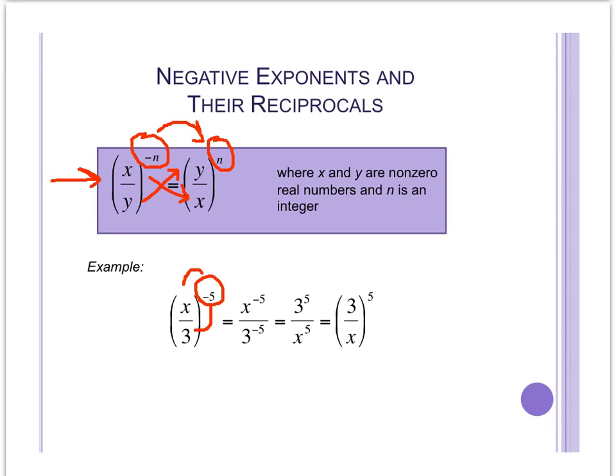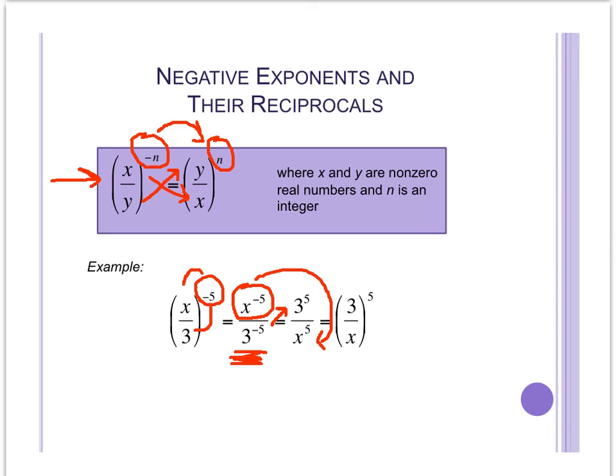Now looking back at changing from negative to positive exponents, we know that if we start by looking at the numerator, we need to take the reciprocal of that, which would move it down to the denominator, and make the exponent positive. So now the negative 5 becomes a positive 5. And if we do the same thing for this denominator, the reciprocal moves it into the numerator, and we're left with 3 to the positive 5th power.